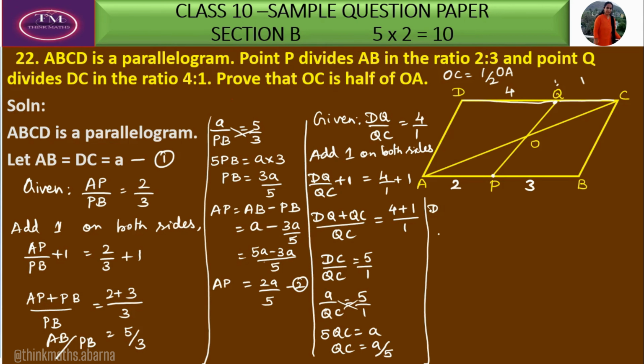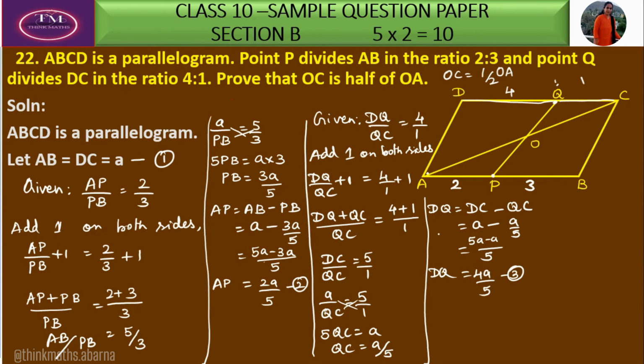From the total line DC, we have to take out QC. So DQ is equal to A minus A by 5. 5 is the LCM, so 5A minus A, which is 4A by 5. So this is DQ. This is the third point.